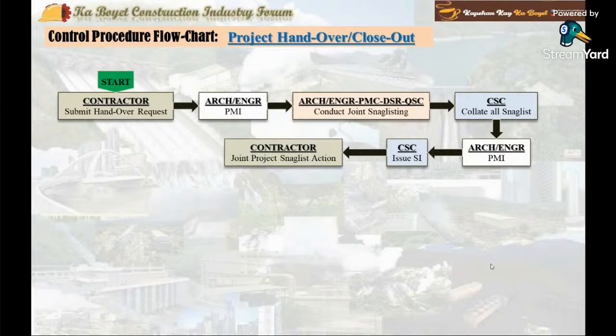The contractor then immediately performs the necessary required corrective and or rectification or modification actions to close each item in the signed joint project snag list and resubmits request for project handover to the project architect engineer through the consultant attaching the completed joint project snag list and the required handover documents as per contract condition.